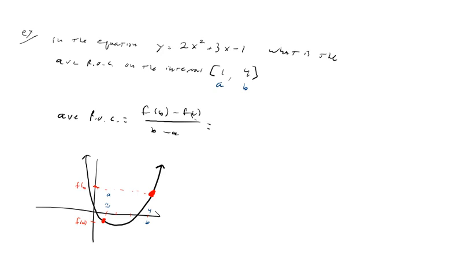And so the thing I want to know is this line, which is the average rate of change. This is the slope from a to b. Right? It's the slope of the line that's going from a up to b.